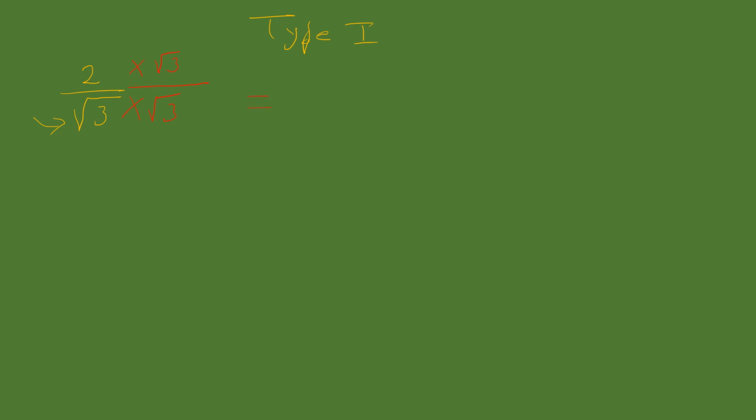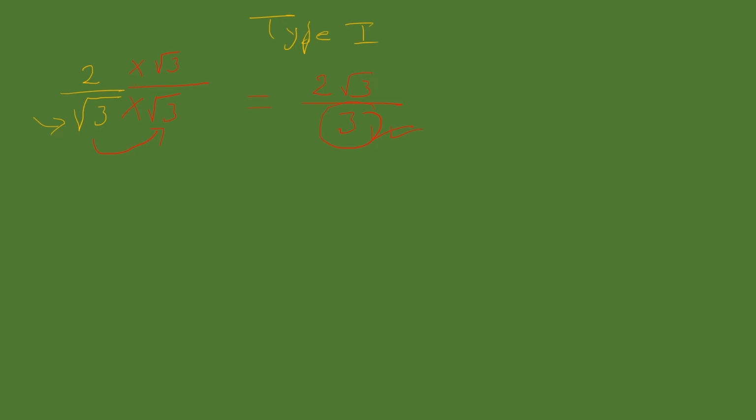When you simplify, this becomes 2 root 3, and root 3 multiplied with root 3 becomes 3 itself. Now our process of rationalizing the denominator is done, and we have a denominator which is a rational number.